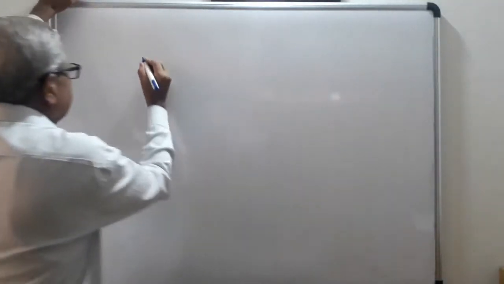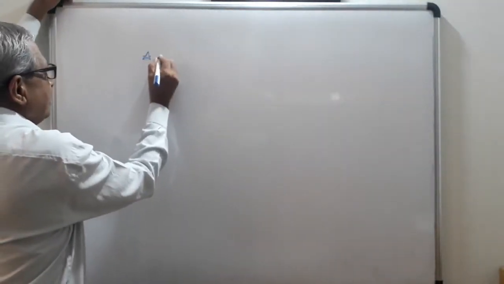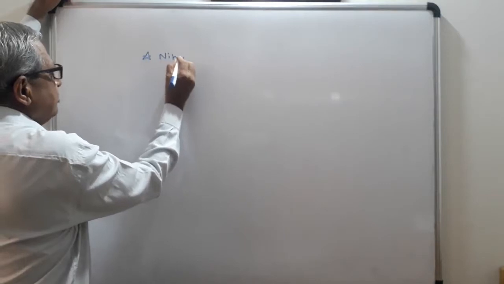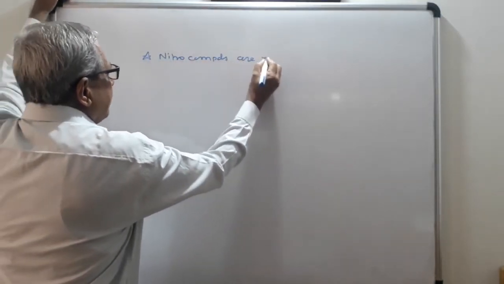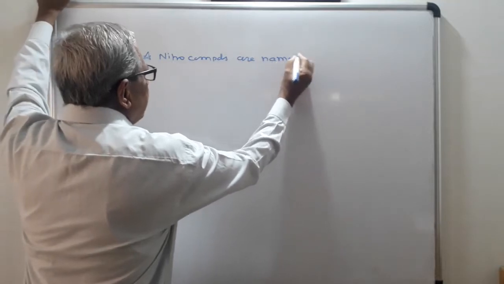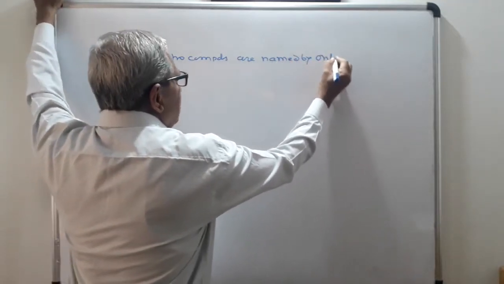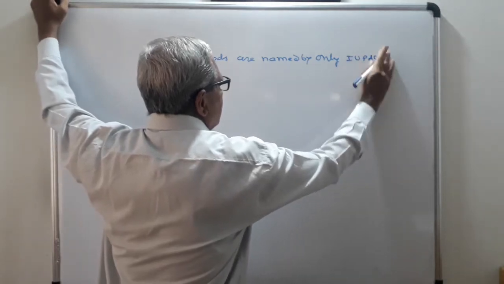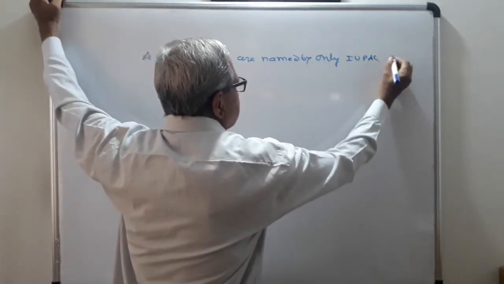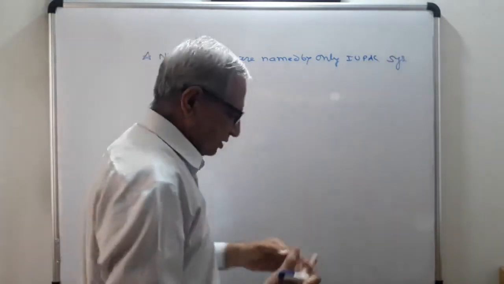The first sentence is very important: nitro compounds are named by only the IUPAC system. Only the IUPAC system. This is a very, very important sentence.